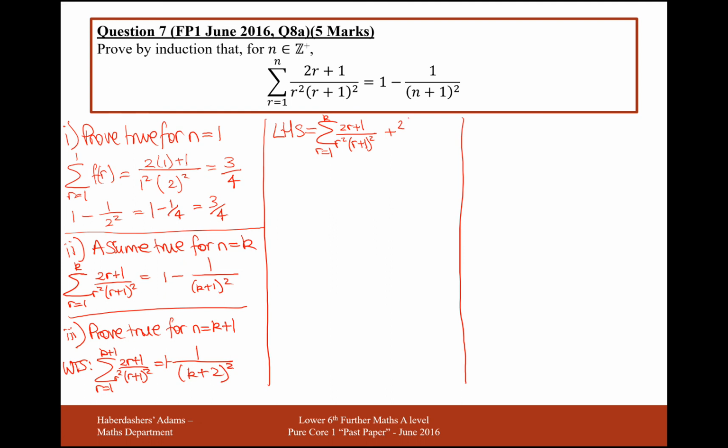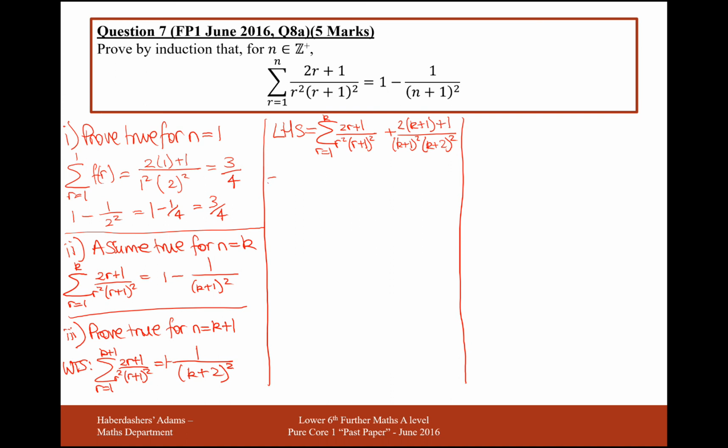So 2 bracket k plus 1 over (k plus 1) squared, and then on the bottom it's also (k plus 2) squared. So what I've done here is I've substituted k plus 1 into this formula here, because those are the expressions that I'm adding up.